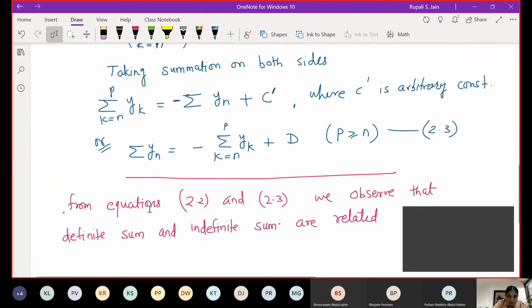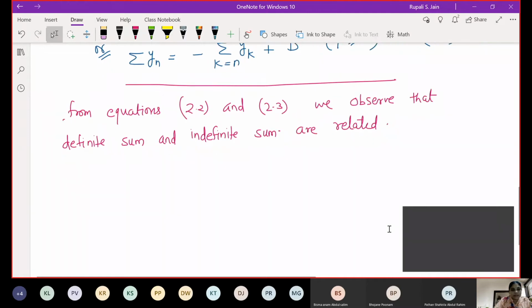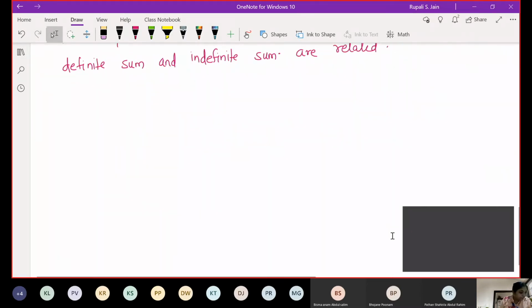Is that okay? This is my finite sum, k is equal to n to p. This is a finite sum, and this is an indefinite sum, the summation yn. So we have a relation between definite sum and indefinite sum. So now using those relations, we want to compute the definite sum.